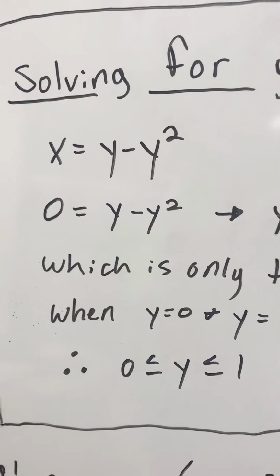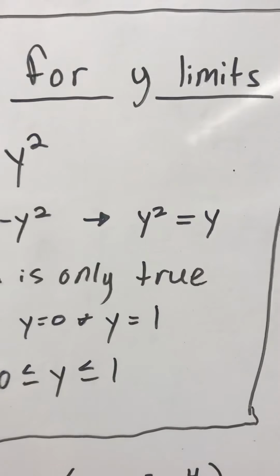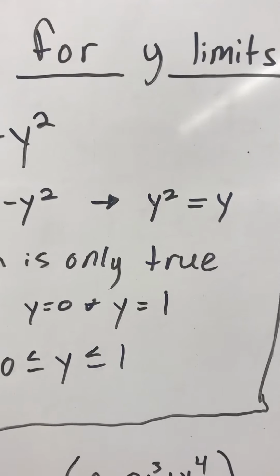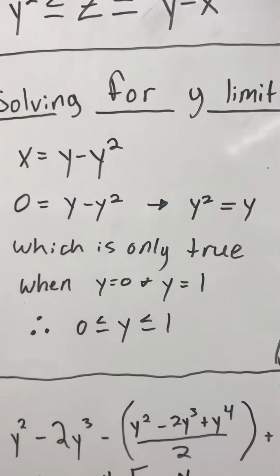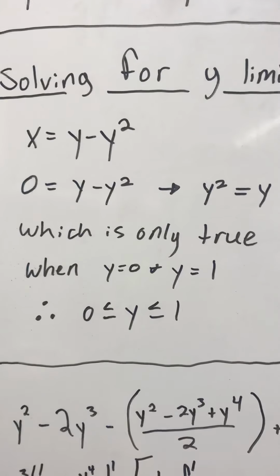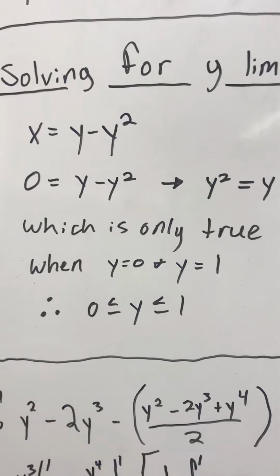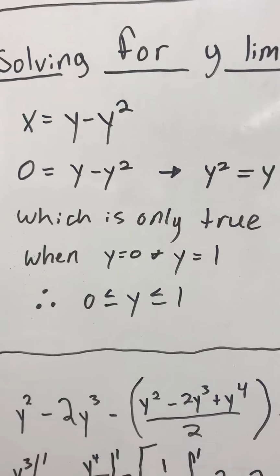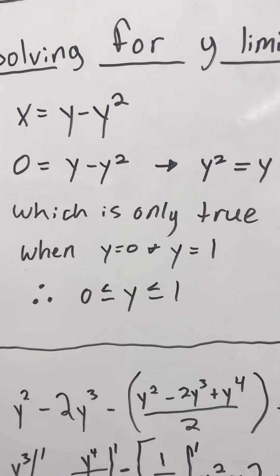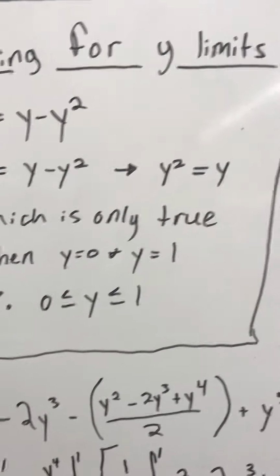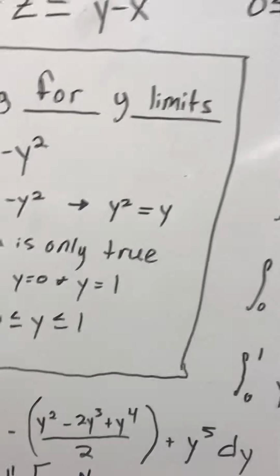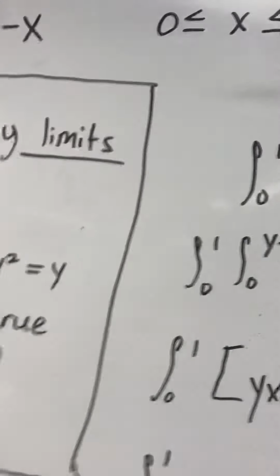So we set x equal to 0 and solve for y squared, which is y. So y squared equals y is only true when y equals 0 and y equals 1. Therefore, the limits for y are 0 is less than or equal to y is less than or equal to 1.